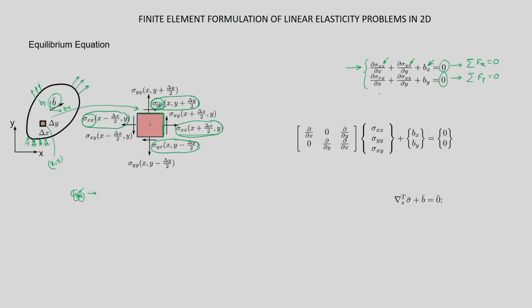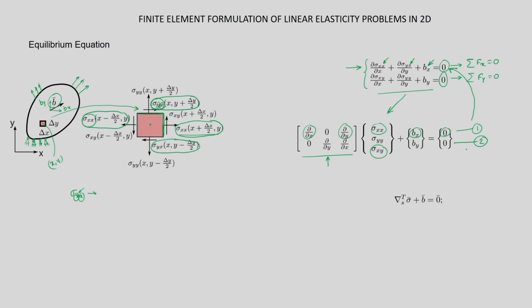So the same set of equations has been rewritten in short form like this. As you see, the symmetric gradient operator has been transposed. Alright. So here we have del by del x of sigma xx, del by del y of sigma xy, plus bx equal to 0. So that is the first equation, that is this one. Alright. Similarly we can get the second equation from the second row.